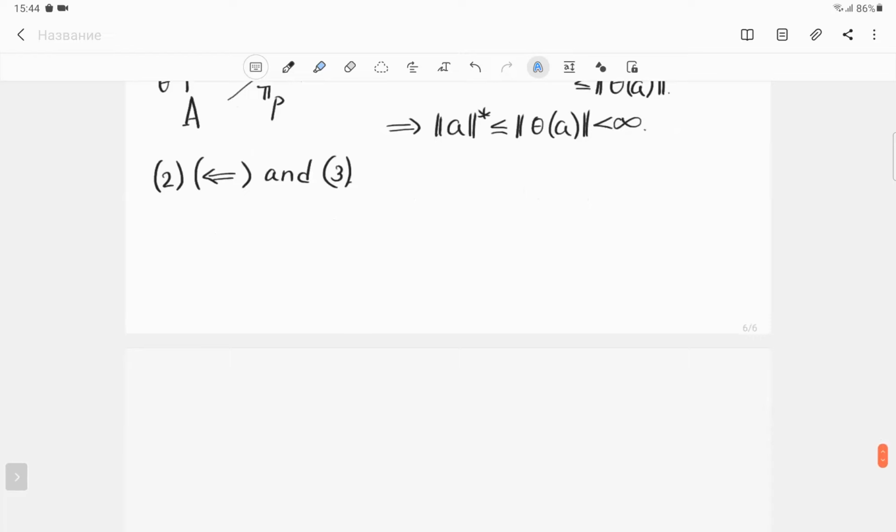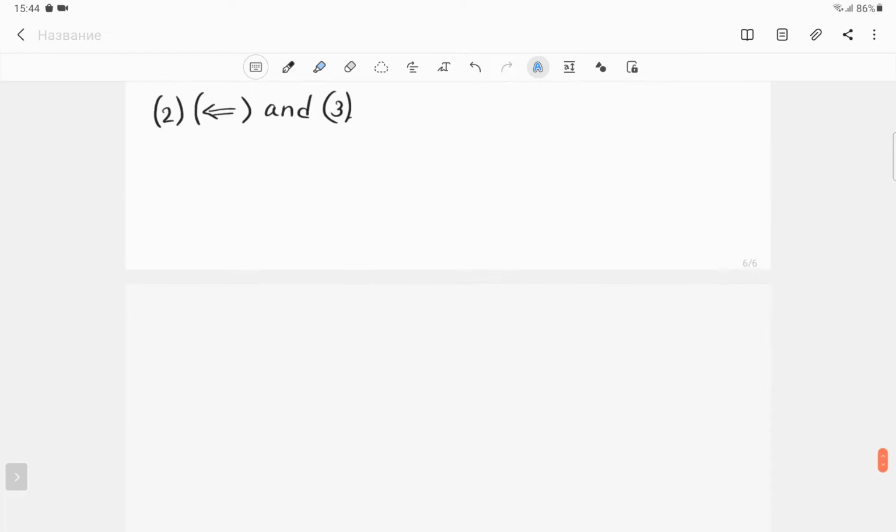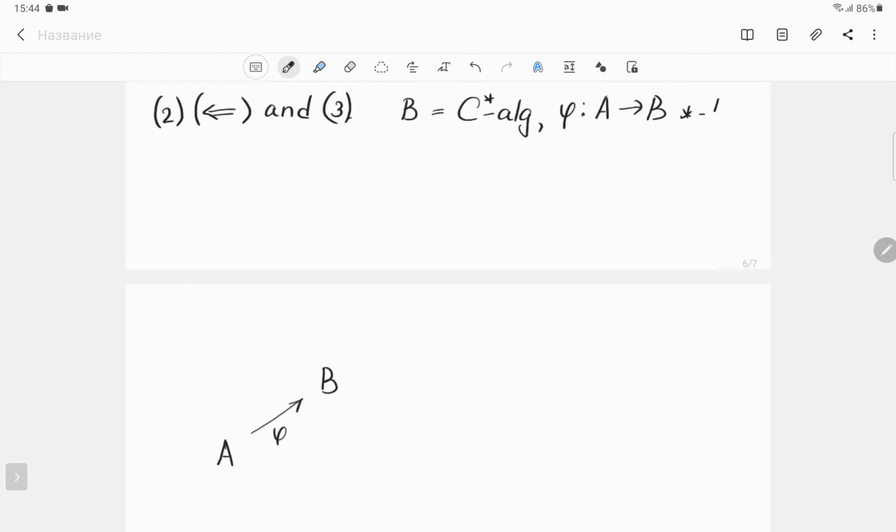So let's look at the following picture. Maybe I'll draw it here. So this is A. This is B. And this is phi. So suppose that B is a C star algebra, and phi is a star homomorphism from A to B. So we want to extend phi to A_P.